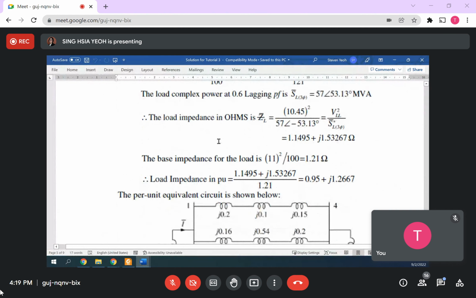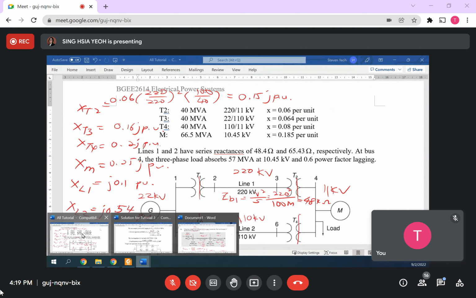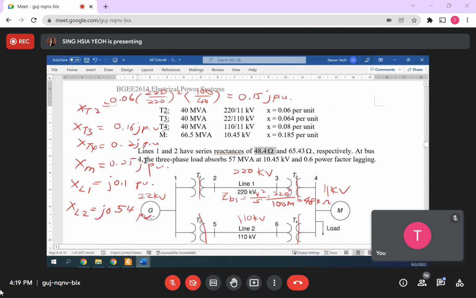Okay, then about the load, because they tell you that a bus for a three-phase load absorbed 57 MVA at 10.45 kV and 0.6 power factor lagging. That means from this one, you need to get the Z value, the ohm value.